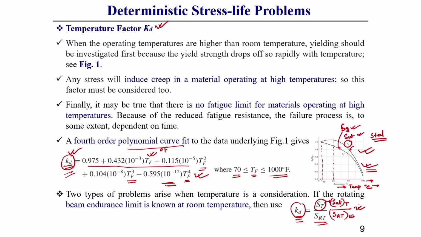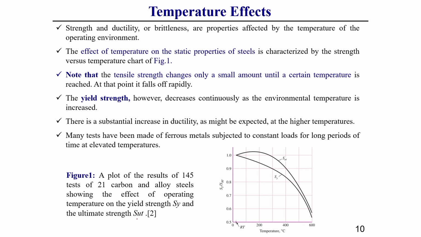Apart from this, this equation you can also use directly. Here you can also observe that this Kd value should always be less than or equal to 1, because we know the St value always decreases if the temperature increases. The data I am showing is the temperature dependent data, as I have already told you, for 145 tests for carbon and alloy steels at different temperatures, showing how it varies.